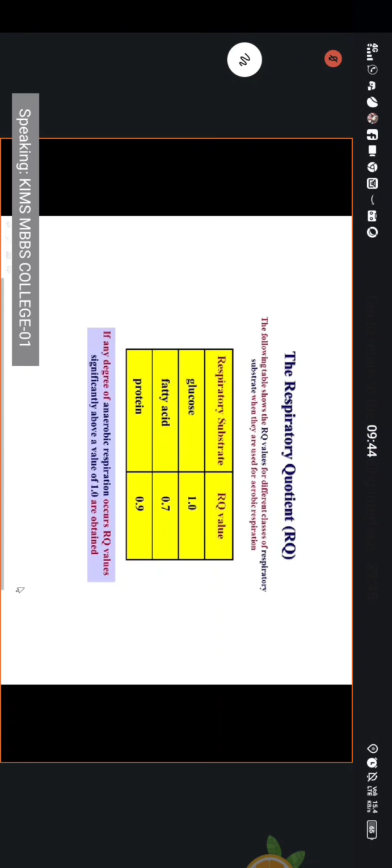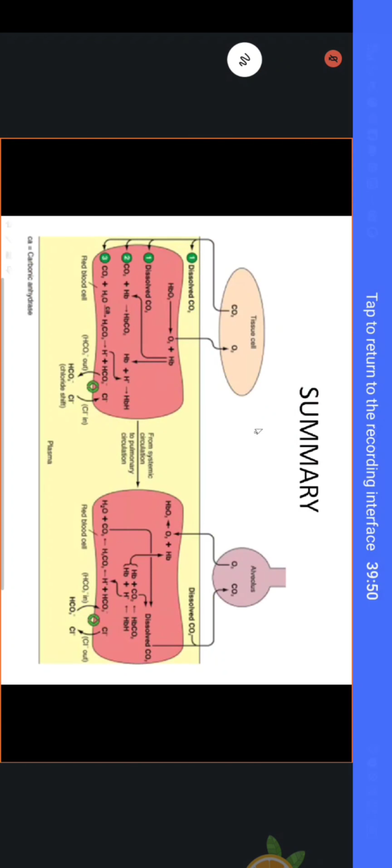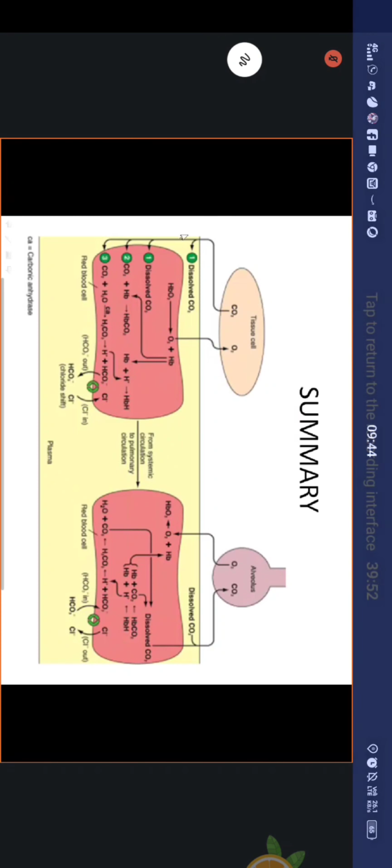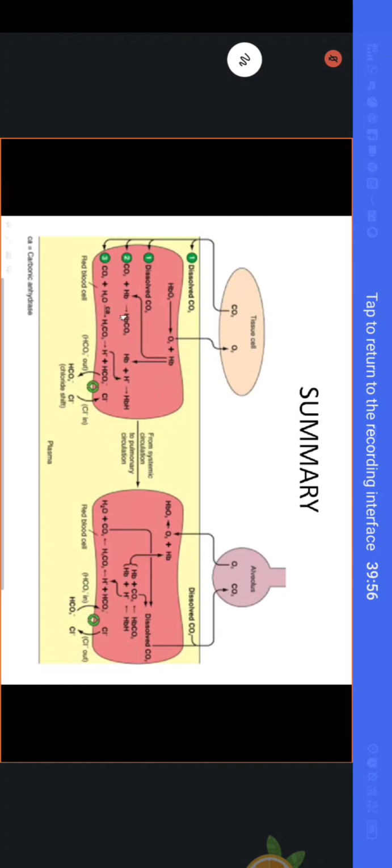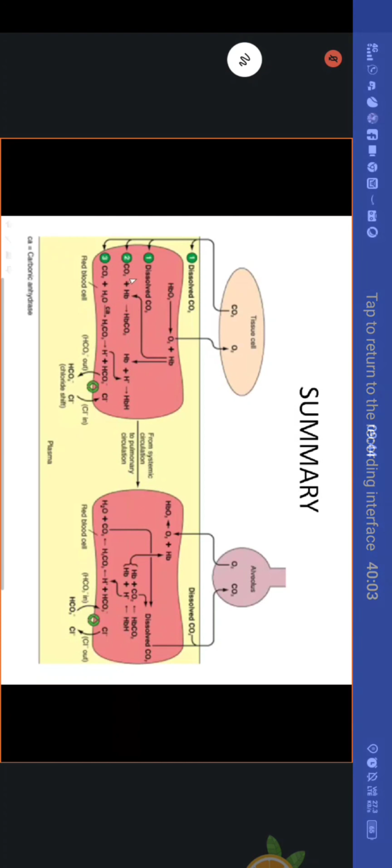So this completes the different respiratory mechanisms. Coming to the overall summary, from tissues, carbon dioxide is transported either in dissolved form or through bicarbonate form, which is 70%, or by combining with hemoglobin forming carbaminohemoglobin.